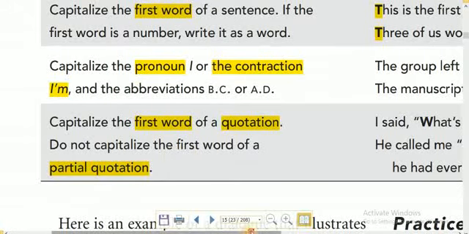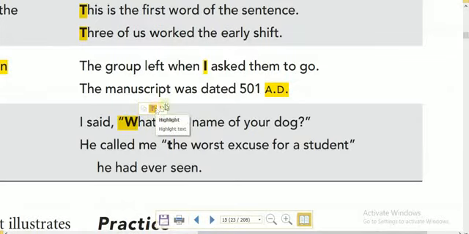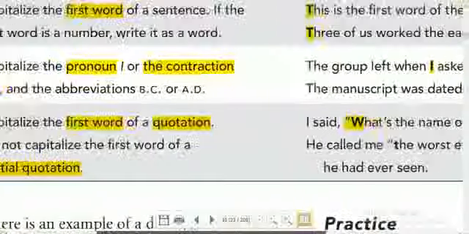Okay, take a look. I said, "What's the name of your dog?" This is the quotation. What's the name of your dog? We capitalize the first word of the quotation.